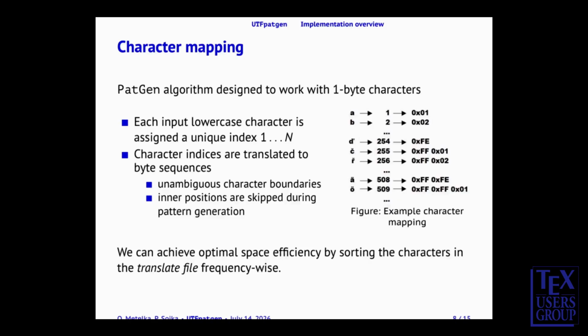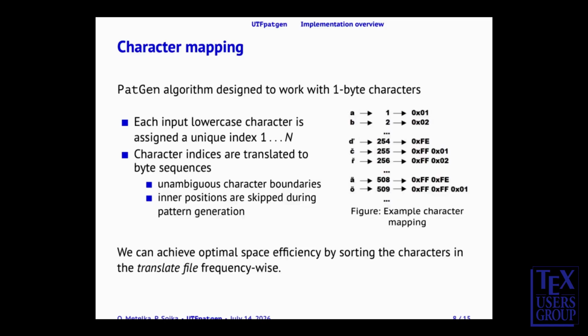We start by assigning only single-level sequences and add another byte only when the smaller range is fully exhausted. Thanks to this trick, we keep the mapping compact and memory efficient. We can also easily distinguish the sequence boundaries so that we are able to process only those positions that correspond to places between original characters.